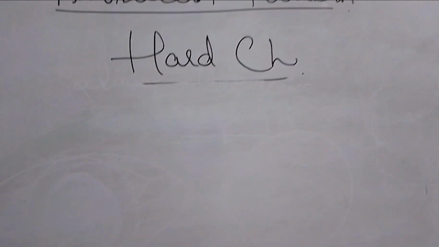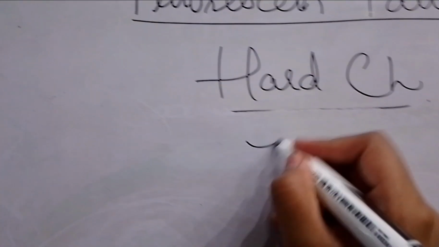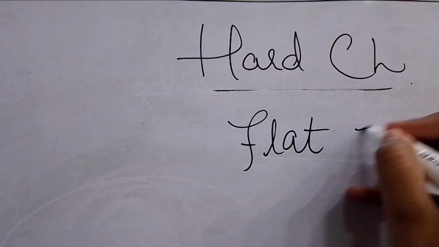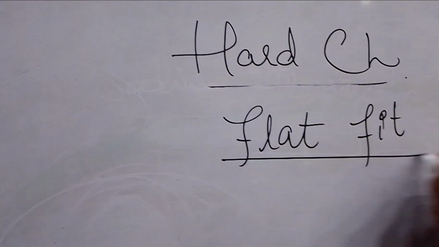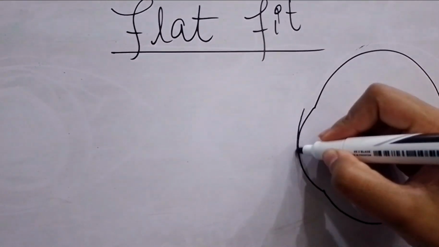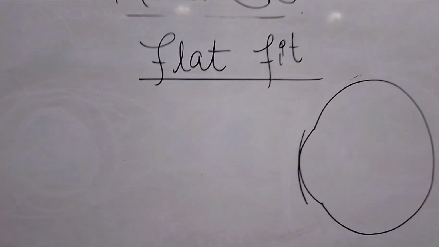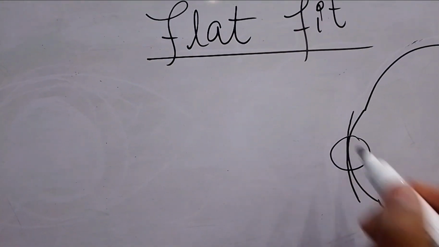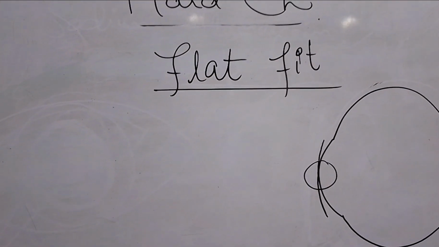Now we have the third fit, which is the flat fit. Now what does flat fit mean? This is the cornea, and flat fit means that the contact lens is just touching the apex of the cornea, right?